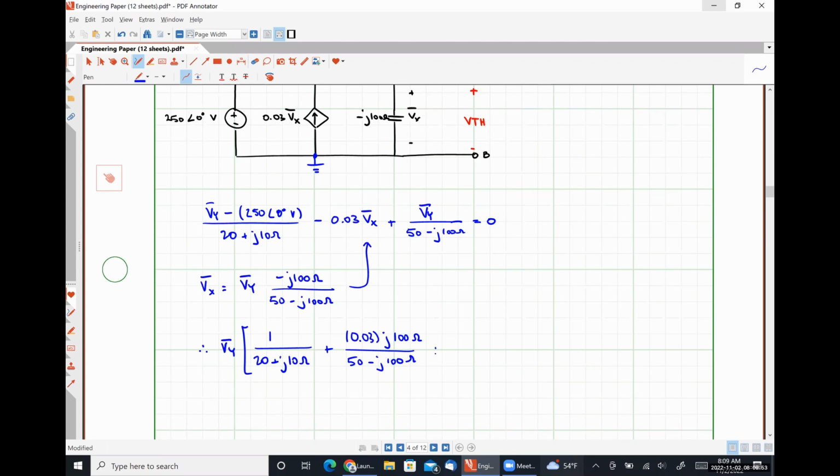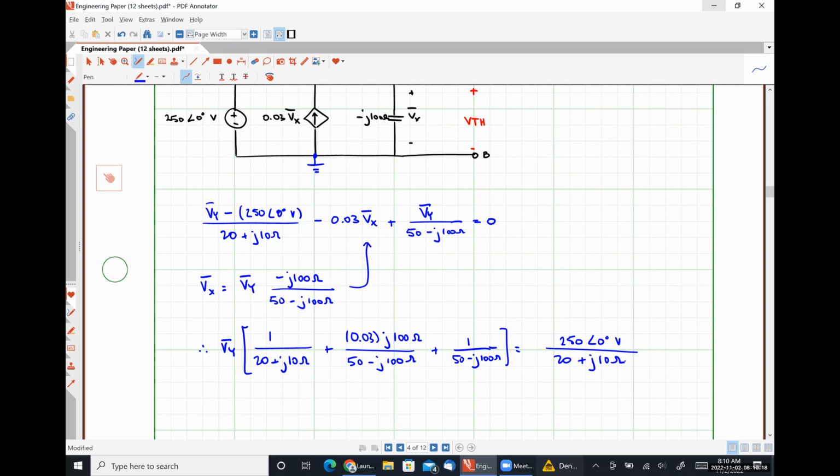And then finally, I'll have 1 over 50 minus j100 ohms. And this will be equal to 250 angle 0 degrees volts divided by 20 plus j10 ohms.